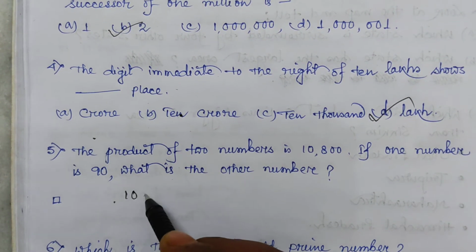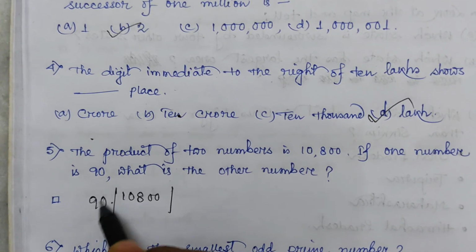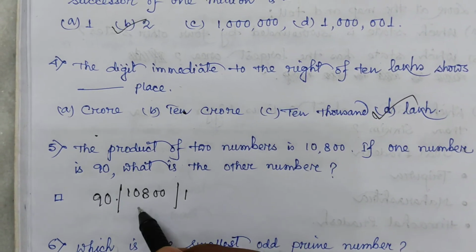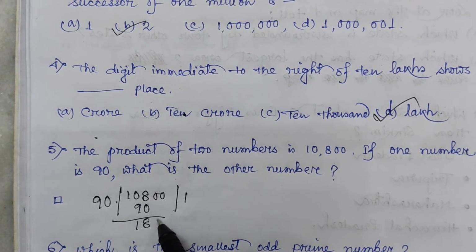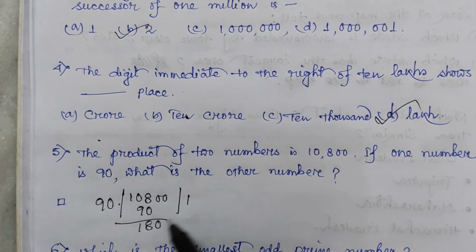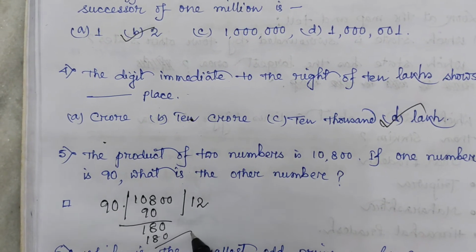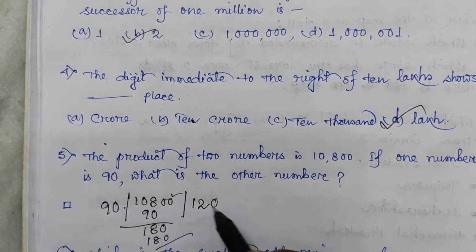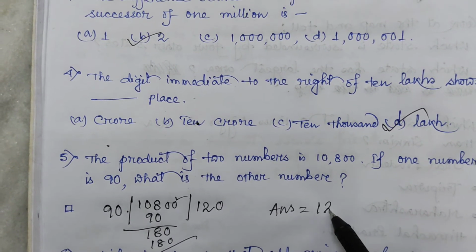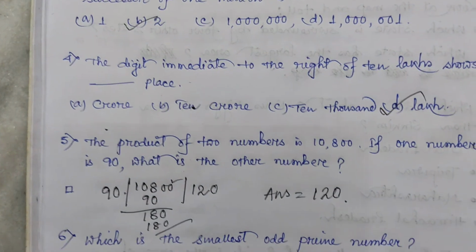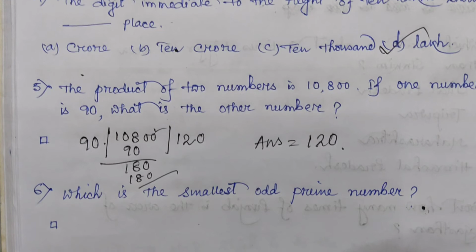We have to divide 10,800 by 90. So 90 ones are 90. 8 1. 1 0 comes there. 90 twos are 180. Now this 0 comes here. So what is the answer? The answer is 120. So the other number is 120.